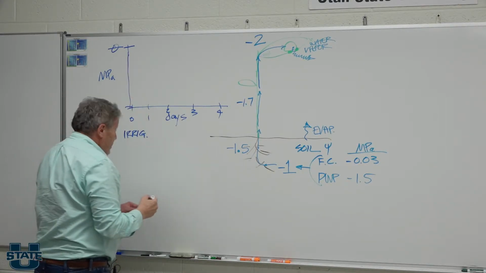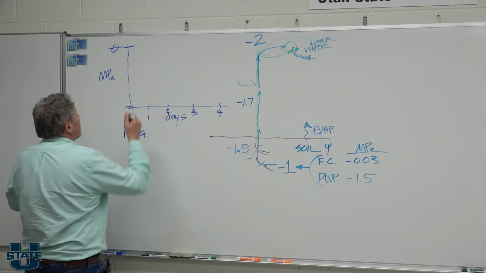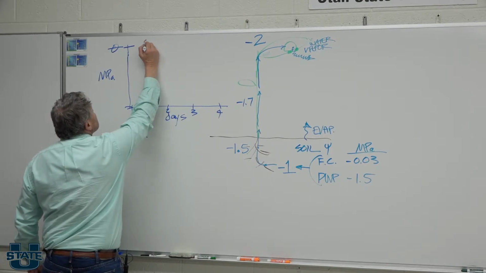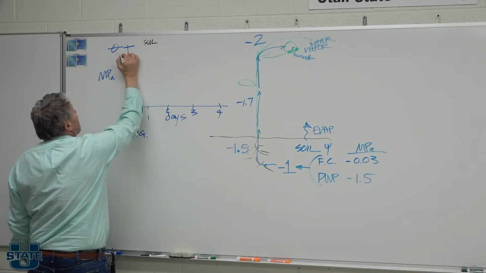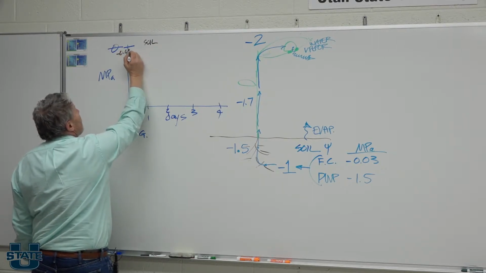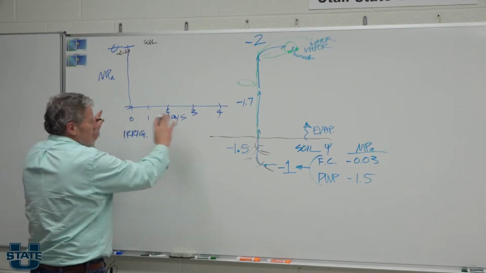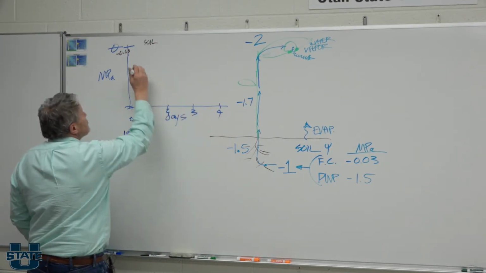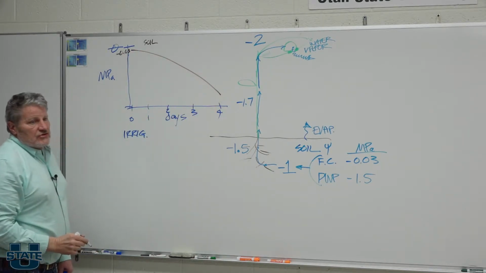And we're going to do 3 lines on this. The first one is the soil. We're going to start at -0.03. And as this soil dries out, this is a bit accelerated, but to show the principle, the soil is going to look like this.